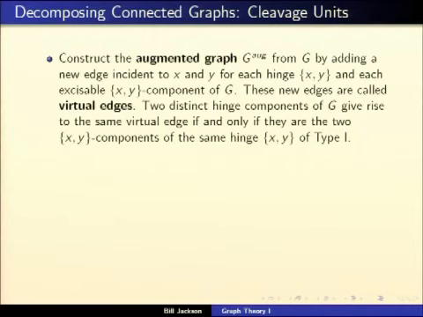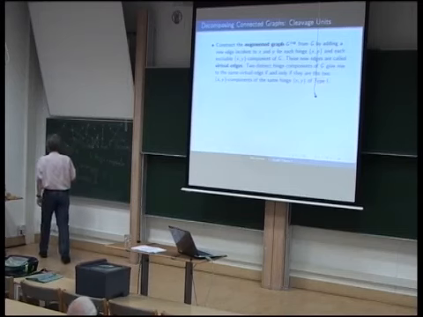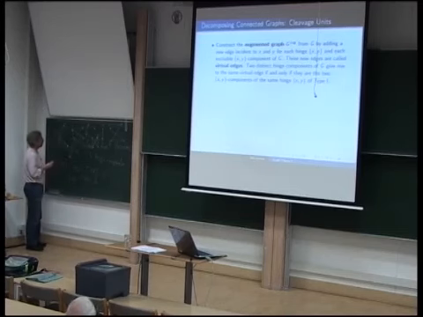So for x1, y1, you add three virtual edges? No, because the trivial one is not excisable. For each pair, where xy is a hinge and h is an excisable component, we add a virtual edge.